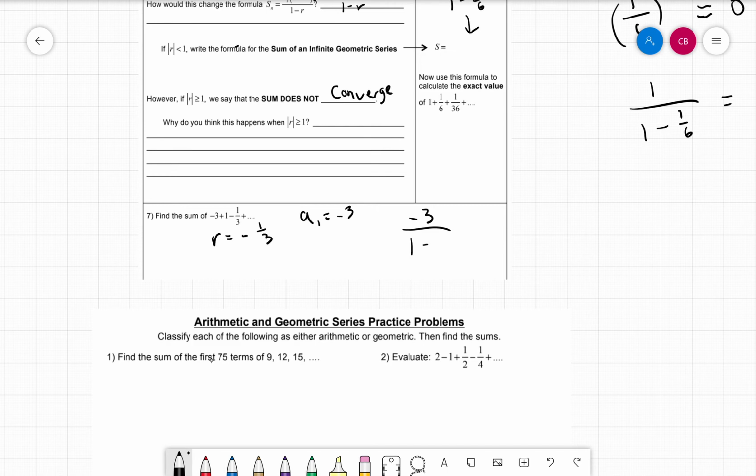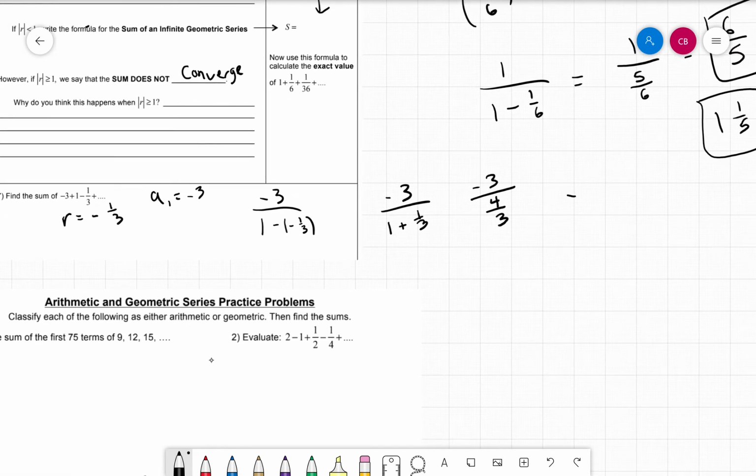So we have -3 over 1 minus -1/3, which is -3 over 1 plus 1/3, -3 over 4/3, which is -3 over 1 times 3/4. I've just done keep, change, flip. This is actually 3 over 1. And so this is going to be -9 over 4, which is -2 and 1/4. These will converge to -2 and 1/4. That will be the sum of this.